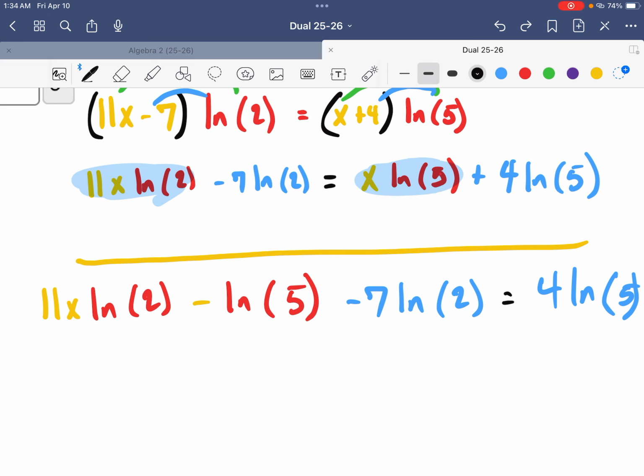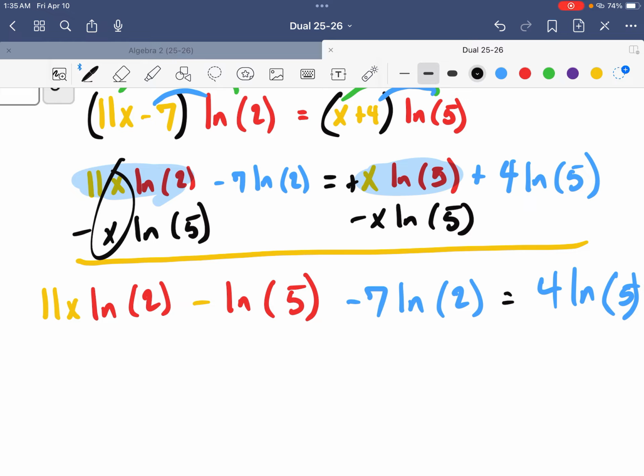How? Well, right now it's a positive, right? So I just put a minus x ln5. And why did I put it there? Because the x has got to match, right? So then when I write this, I'm going to write this one first, because it's the leader in the very front.